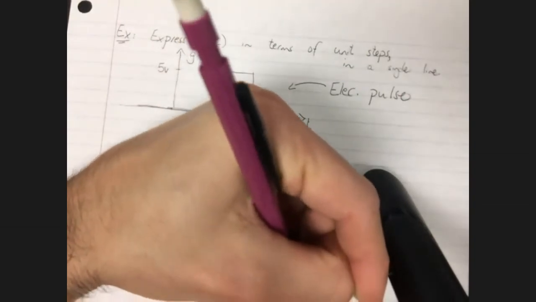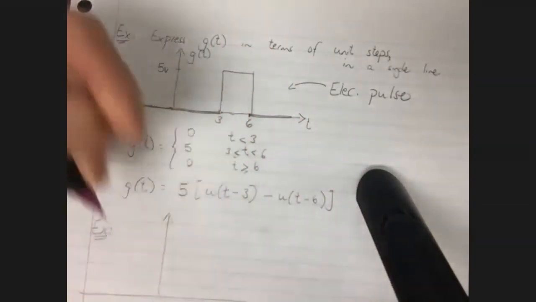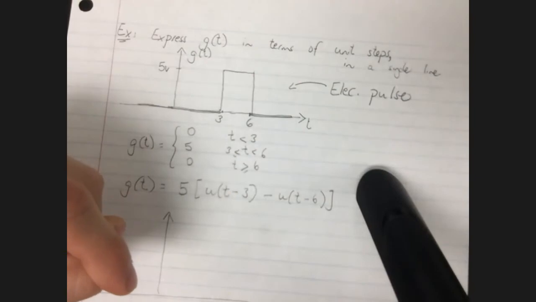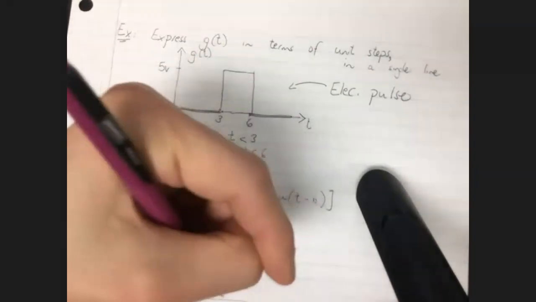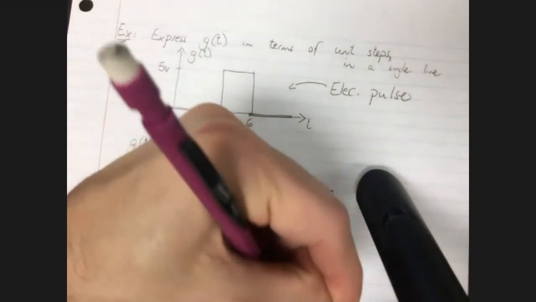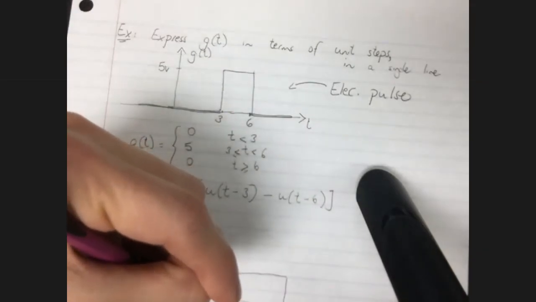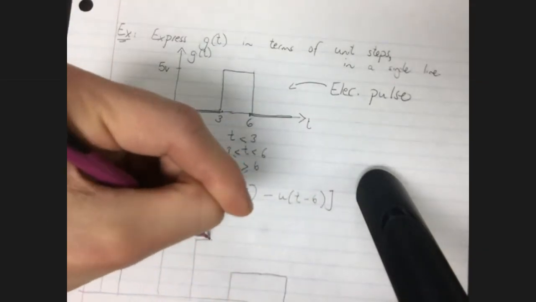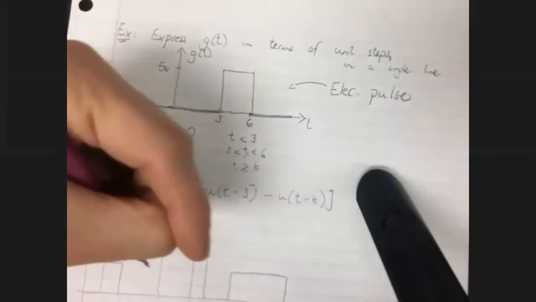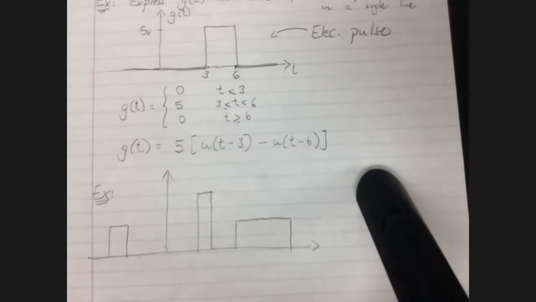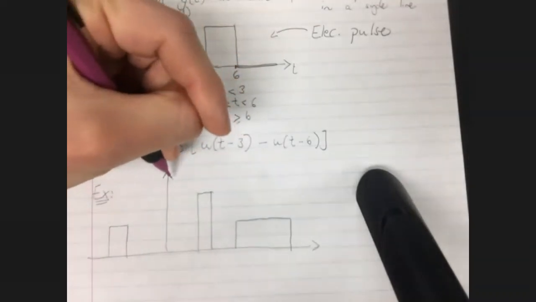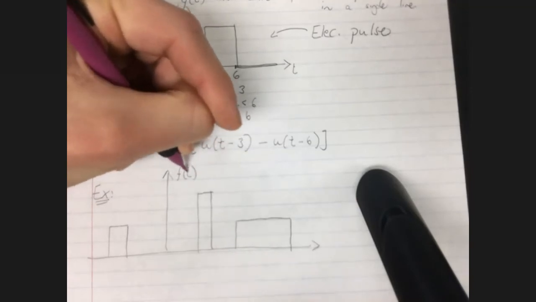So let's say we've got something like this: a small pulse, a tall pulse, and then another small pulse. I'll call this one f of t versus t.